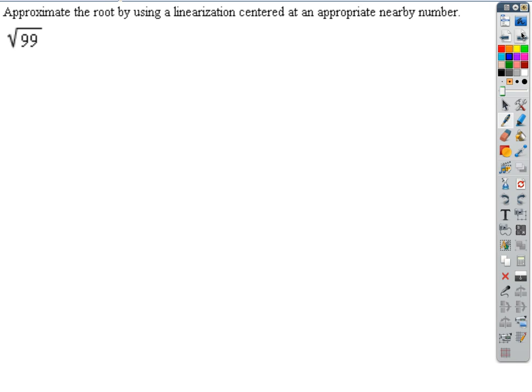Okay, so to get our thinking straight on these, if you do these right, they're no big deal. We know that dy just equals f prime of x dx. That's our differential approximation, the approximate change in the function.